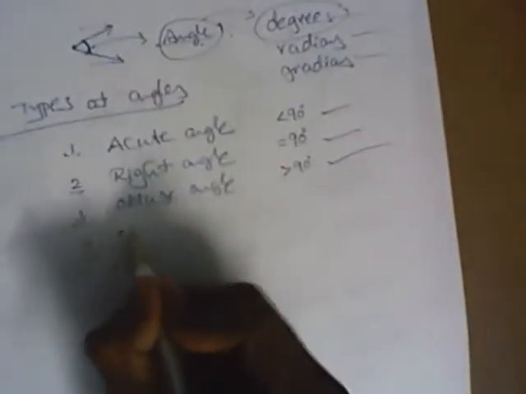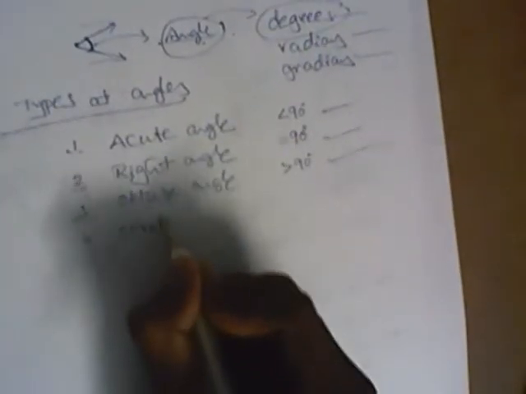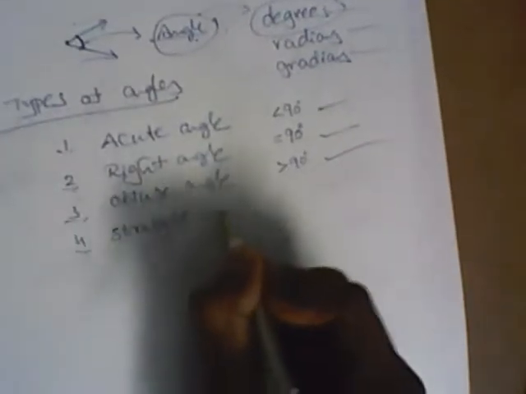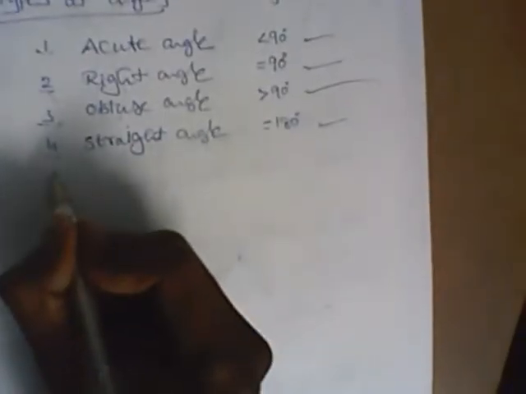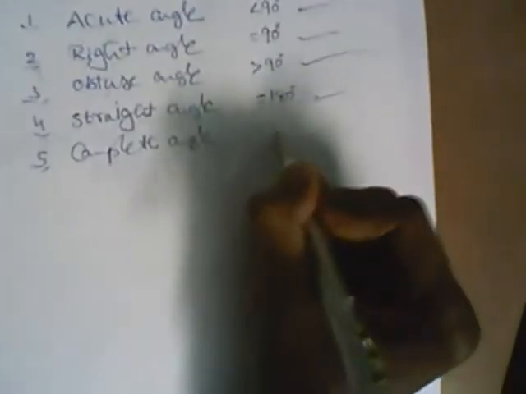Now, straight angle. An angle which has the measurement exactly 180 degrees is nothing but a straight angle. And complete angle. An angle which has the measurement exactly 360 degrees is nothing but a complete angle.